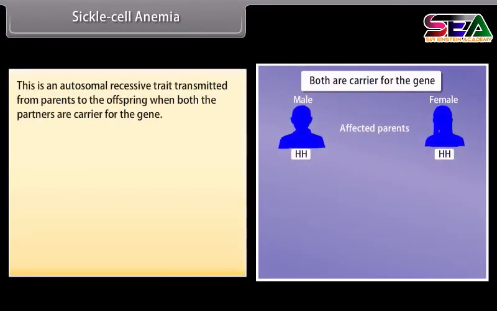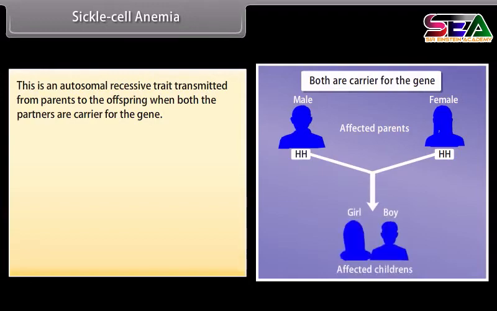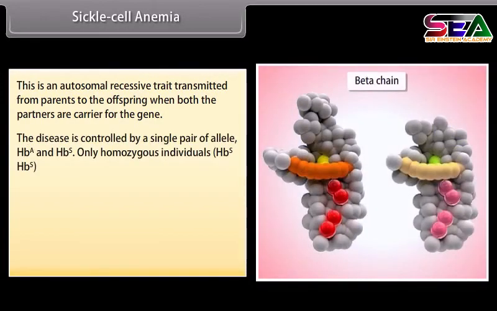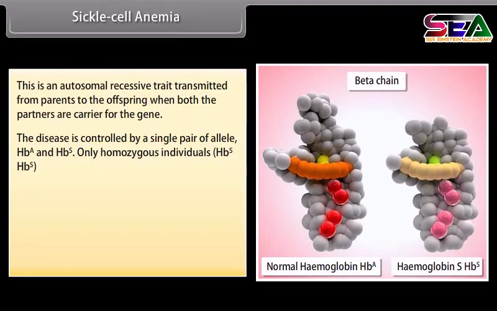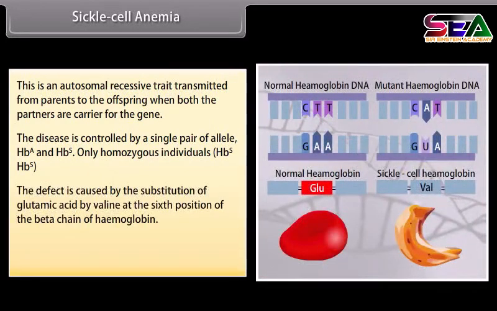Sickle-cell anemia. This is an autosomal recessive trait transmitted from parents to the offspring when both the partners are carriers for the gene. The disease is controlled by a single pair of alleles, HBA and HBS; only homozygous individuals, HBS HBS, are affected. The defect is caused by the substitution of glutamic acid by valine at the 6th position of the beta chain of hemoglobin.